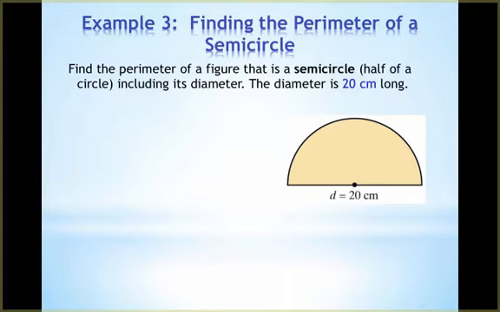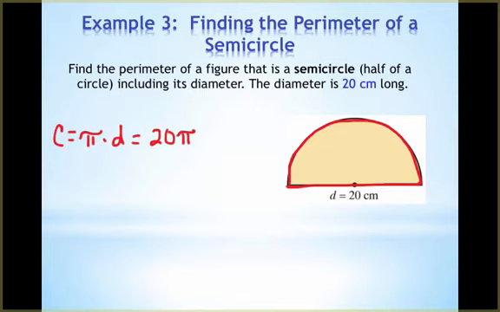In example 3, we're going to apply these formulas to finding the perimeter of a semicircle. So remember that a semicircle is just half of a circle. So what I want to do is find the distance along the diameter and then along the outside edge of this half a circle. Well, because I'm looking for perimeter, then I'm going to use my circumference formula, which is pi times the diameter, which in this case would be 20 pi.